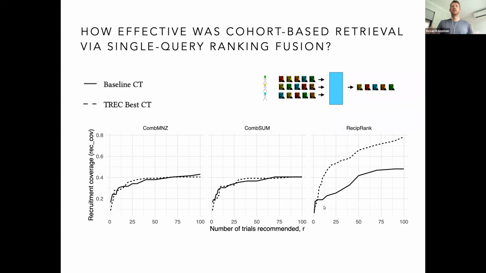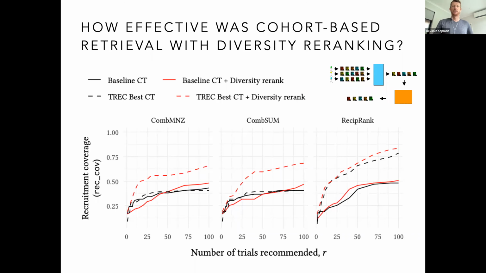Okay, so remember then we take these fused results and we apply diversity re-ranking. So this is the same plot. I've just added the diversity re-ranking as the red lines. Here we do see a difference between the solid line using BM25 initial rankings and the best TREC teams.